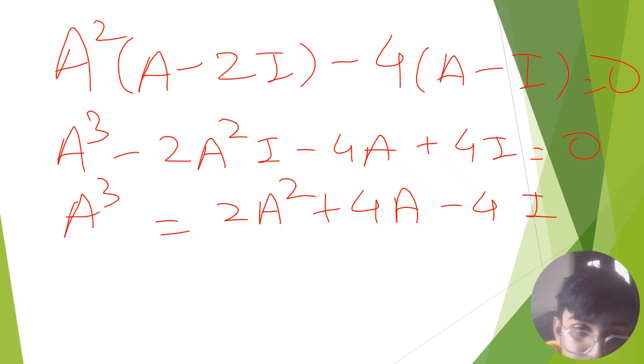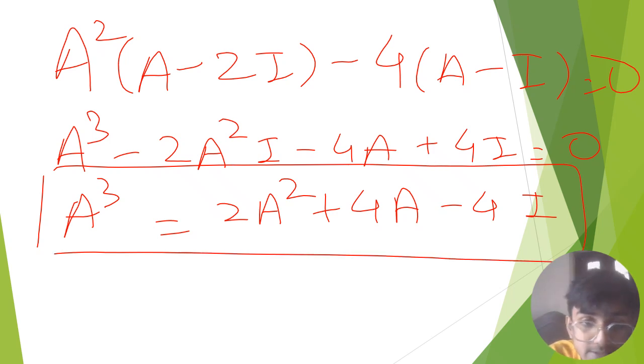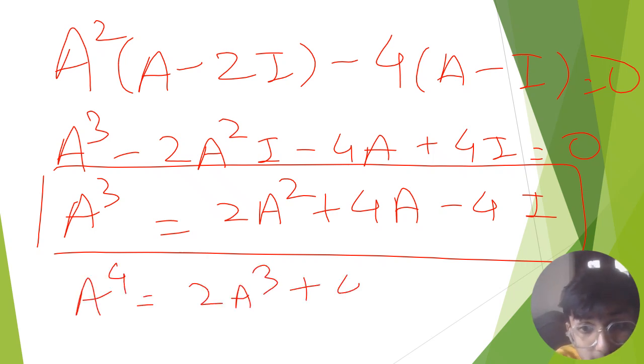Pre-multiplying the equation which we got, it is an equation involving matrices, so I said matrix equation. We just pre-multiply by a, and you will get a power 4 equals 2a cube plus 4a square minus 4a. Now put the value of a cube from this particular equation.